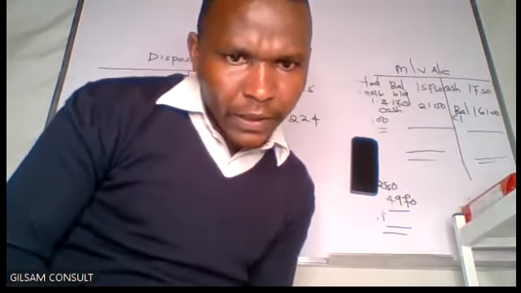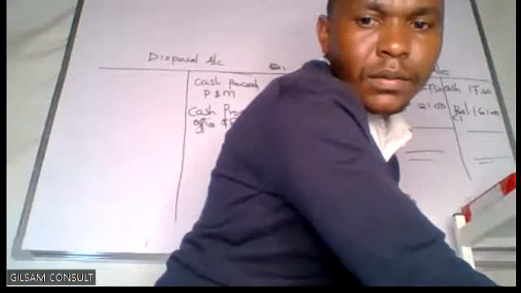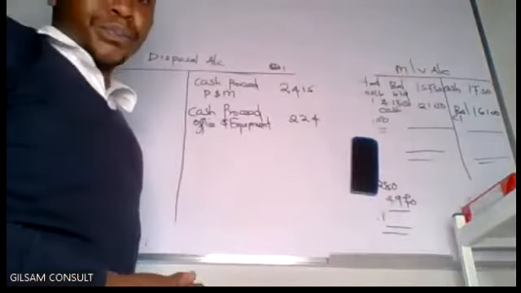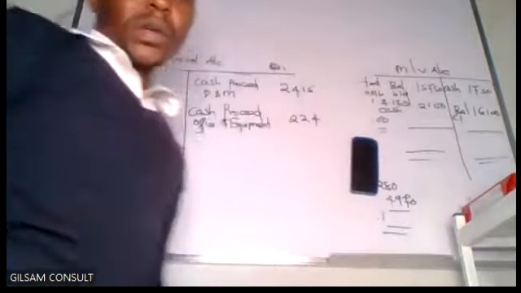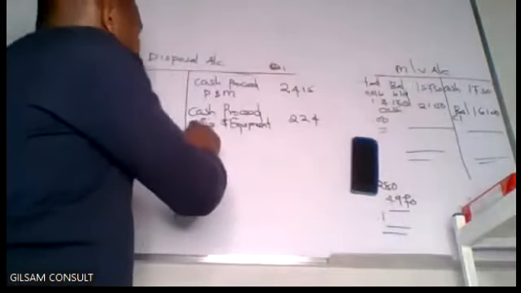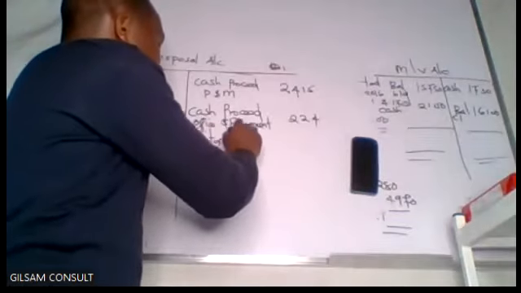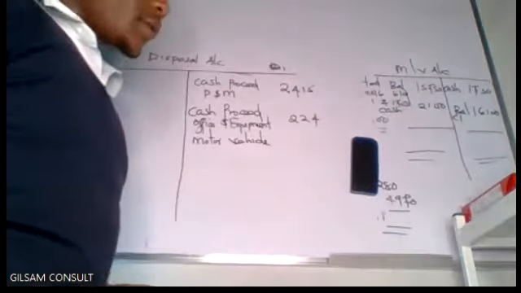What else did we sell? So we sold a motor vehicle. We sold a motor vehicle at what?